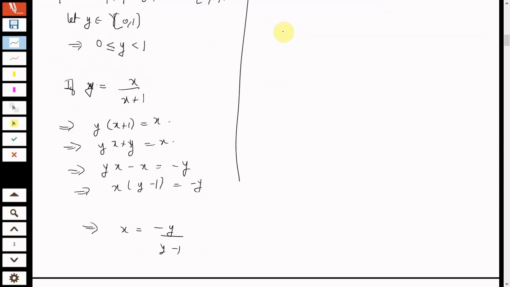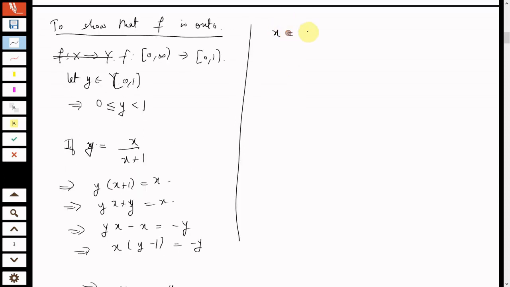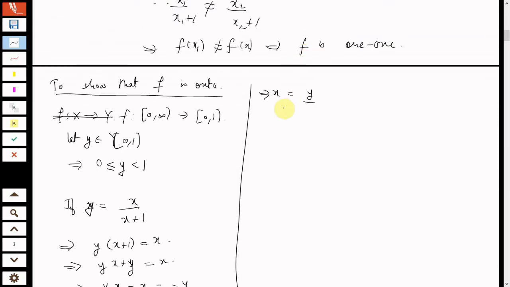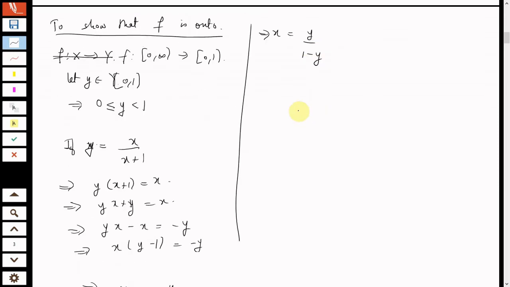That is the same as writing x is equal to y upon 1 minus y. Now the question is whether this x is greater than or equal to 0. We want x in this interval such that y is equal to x by x plus 1, and in fact we have found this x in terms of y. The only thing we need to show is that this x is greater than or equal to 0, and then we are done.